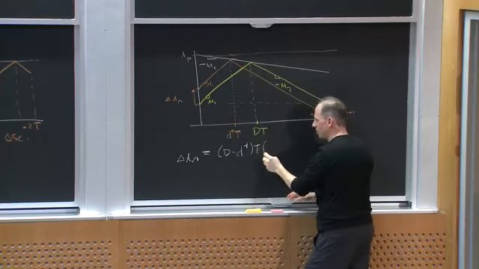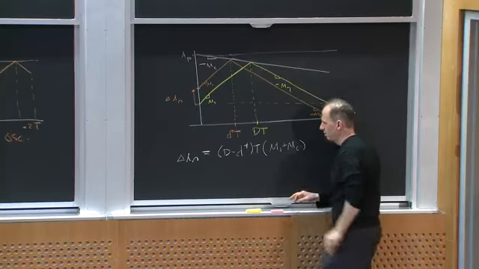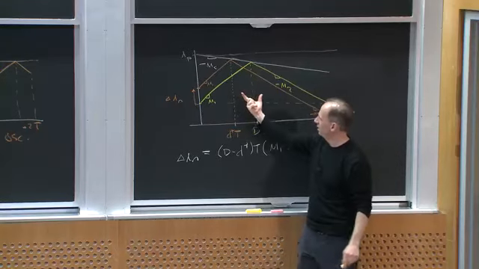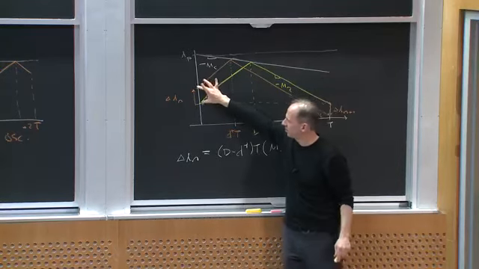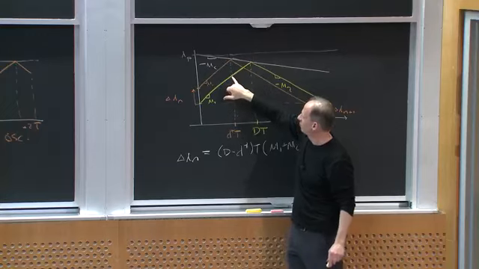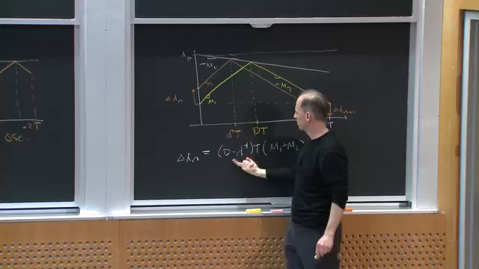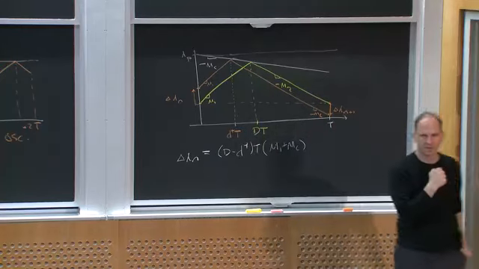So this is going to be M1 plus MC. Because these waveforms are parallel, I could write this delta I n in terms of M1 plus MC times D minus D star T. Does that make sense to everybody?